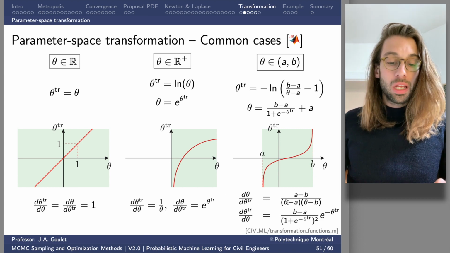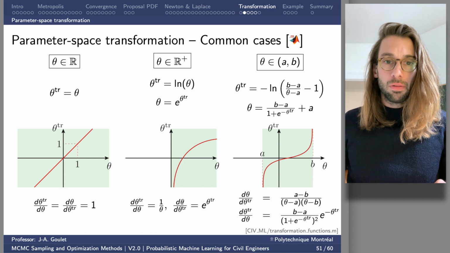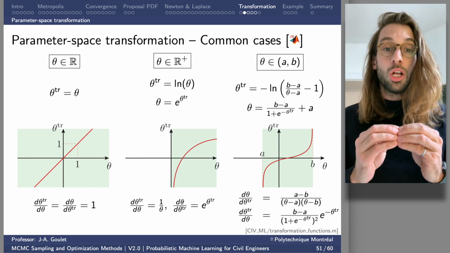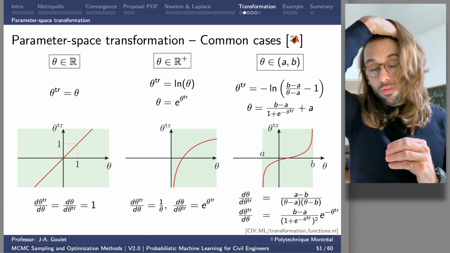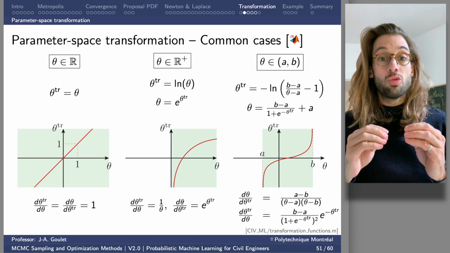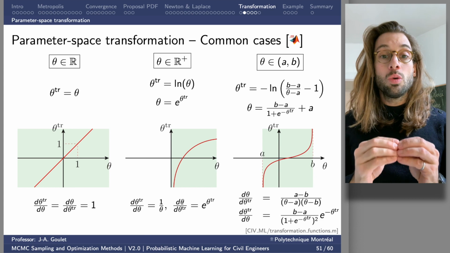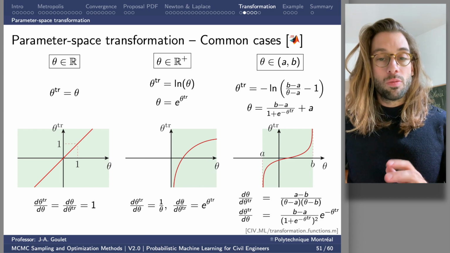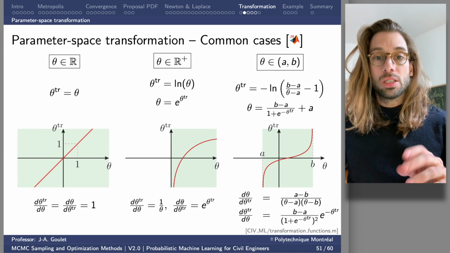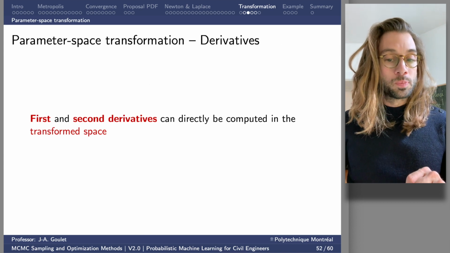Why do we need these derivatives? Because remember what we've seen in module 1b when we reviewed the concept of probability theory. If we want to define a PDF in a transform space, we need to apply the change of variable rule. If you don't remember what it is, I invite you to go see module 1b again.